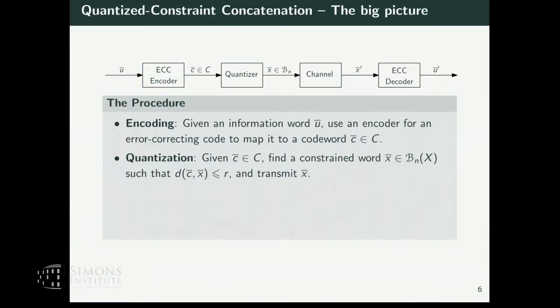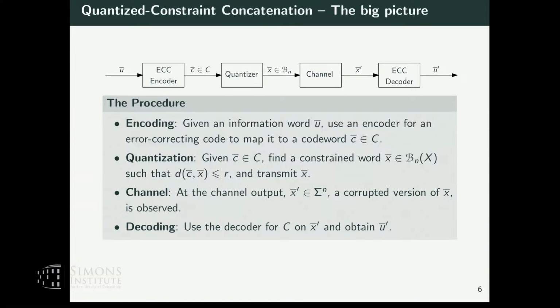And then on the other side we have this channel. The total number of errors that we see on the other side comes from two sources. One of them is the channel that we don't control, but the other one is the quantizer. If the total number of errors introduced is still manageable by the ECC, then we're fine.